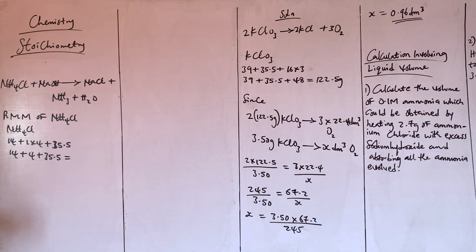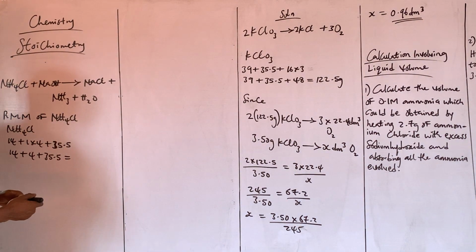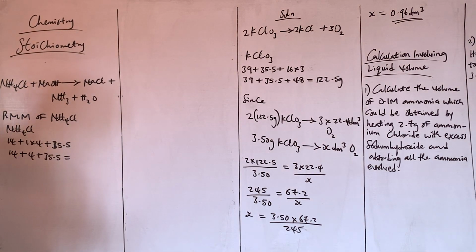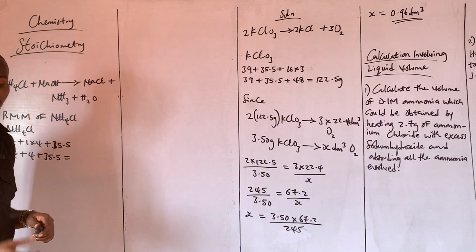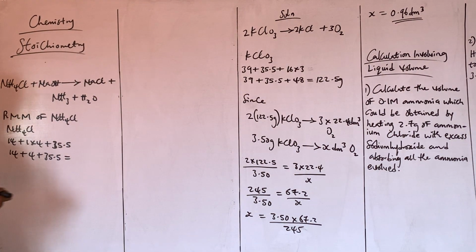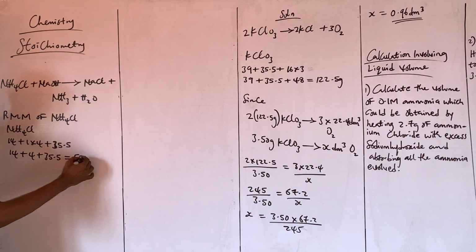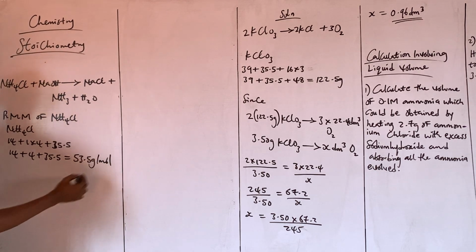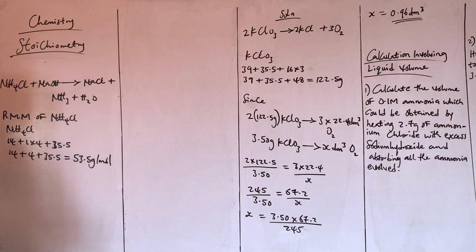So you have 53.5 gram, or you say gram per mole, or you leave it as gram. Do you understand now? So what are we going to do?